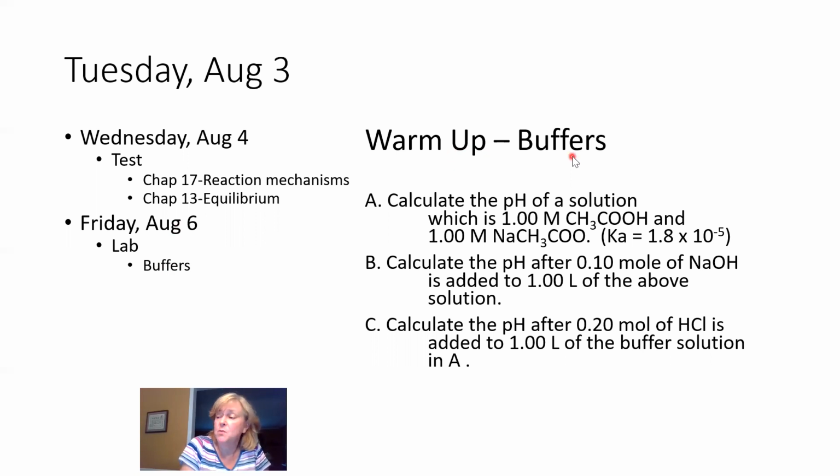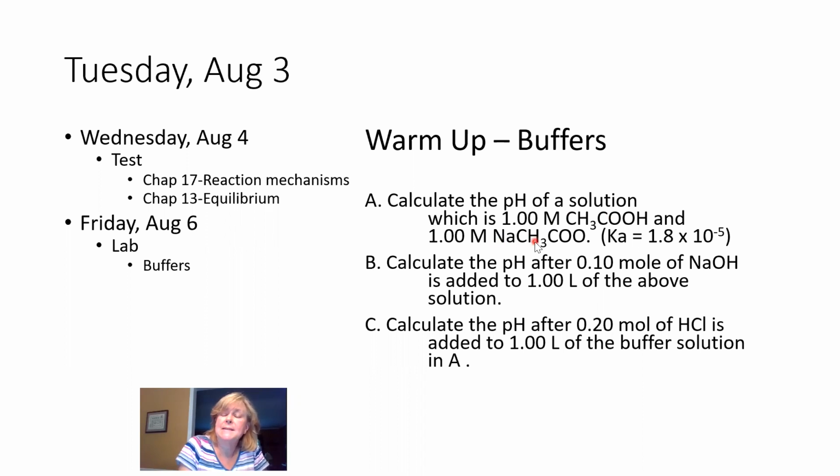It is on buffers, which is what we talked about in the last class. So the solution in A is a buffer solution. It's a weak acid, that's acetic acid, mixed with a salt of its conjugate base.